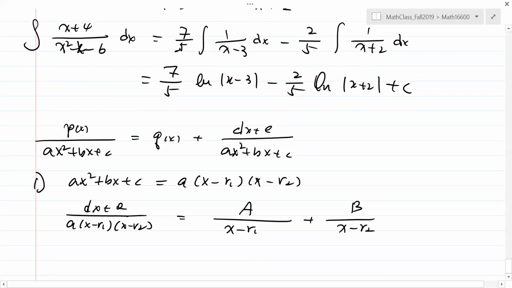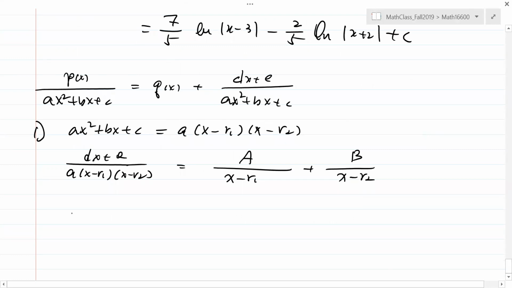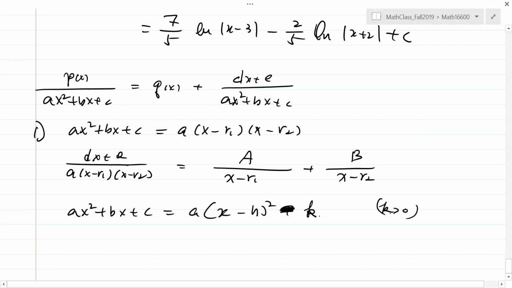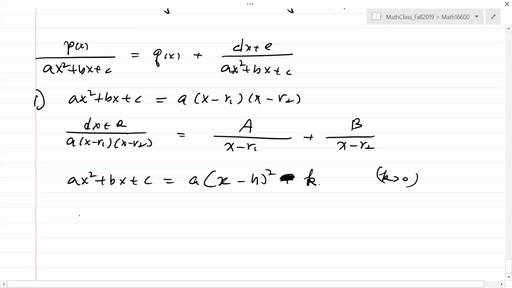But in that case, you can also express it in the form a(x minus h) squared minus k, and k is positive in that case. Then you use another substitution to solve the problem. If you use this method, you don't decompose it.